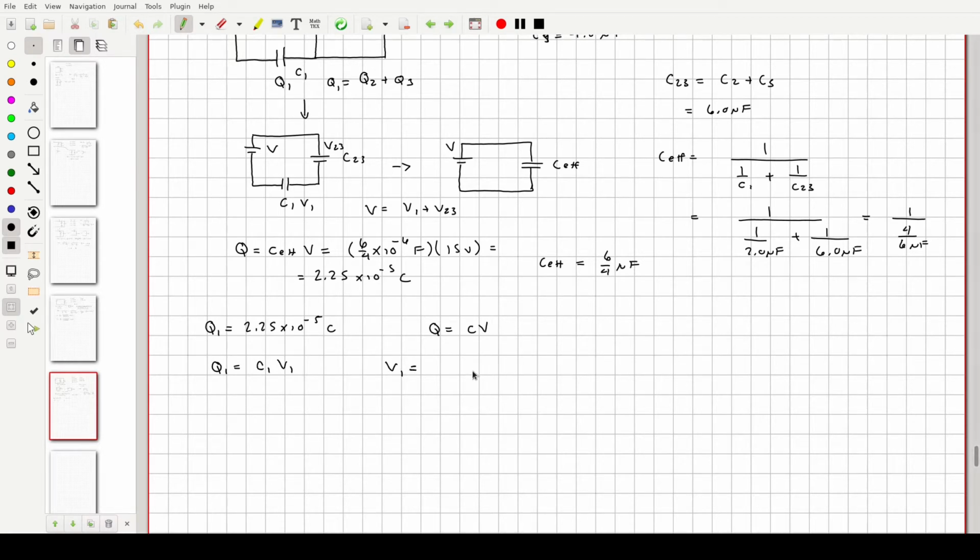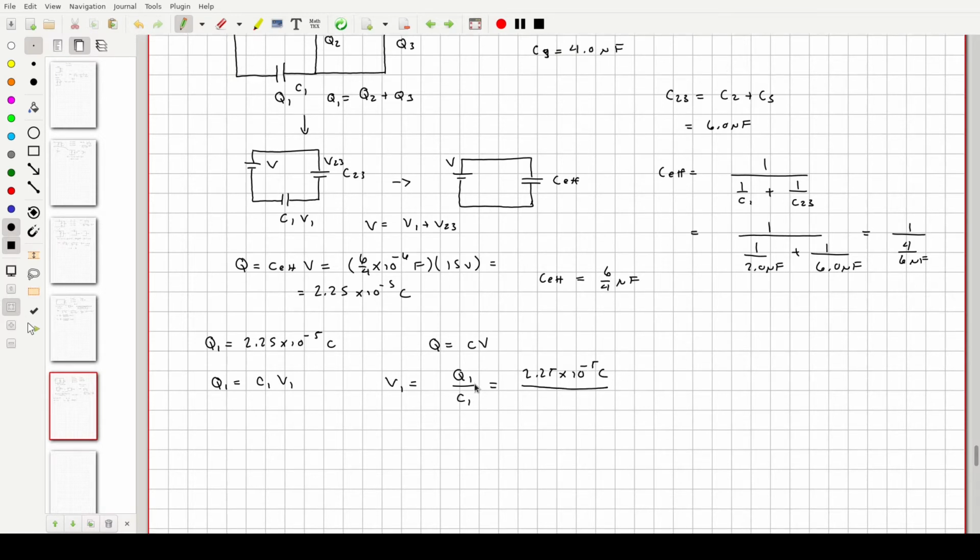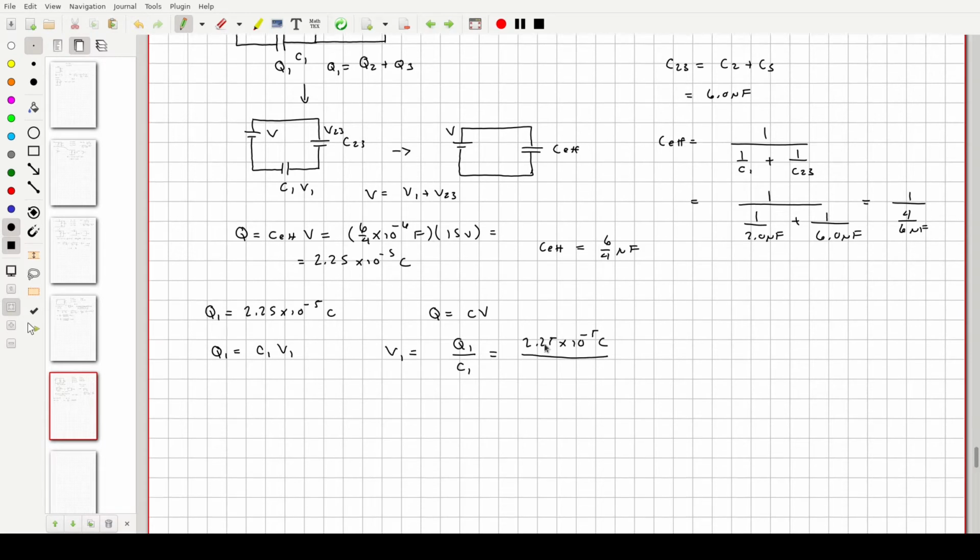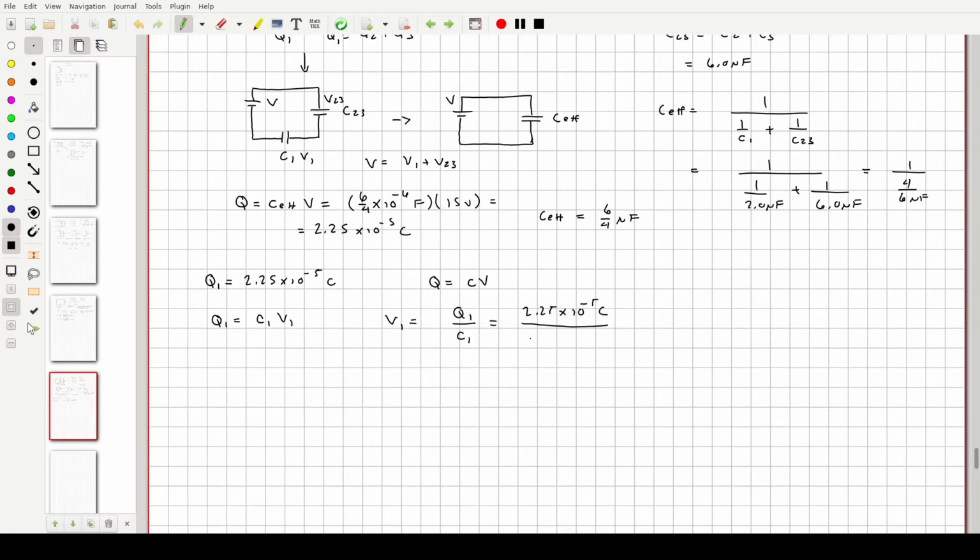V1 is going to equal Q1 over C1, or 2.25 times 10 to the minus 5th coulombs divided by C1, which is 2 microfarads. So if you do that, that's 11.25 volts.